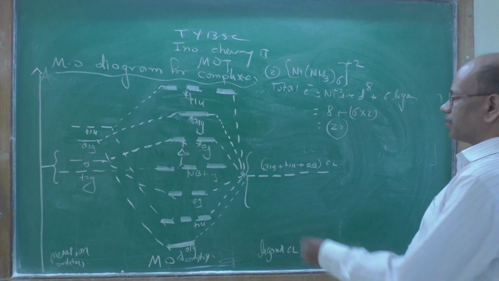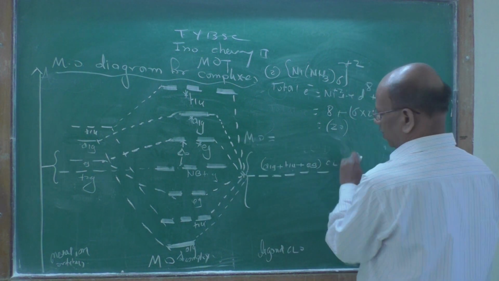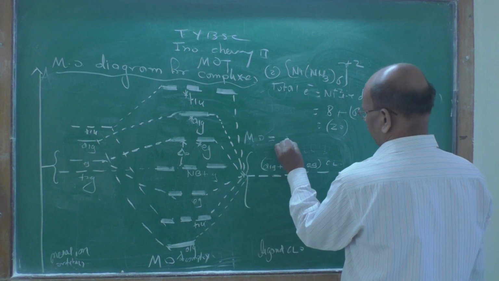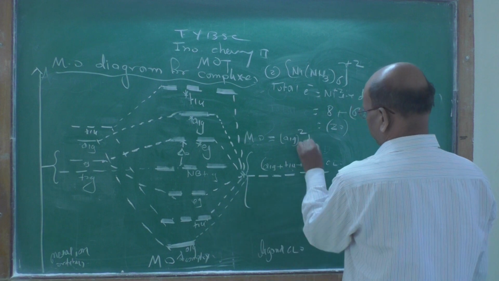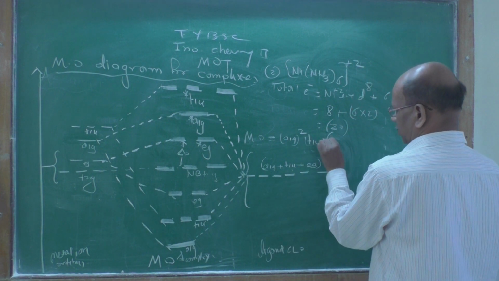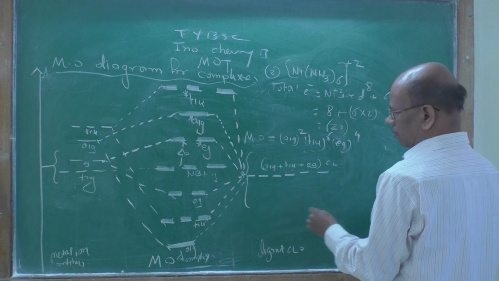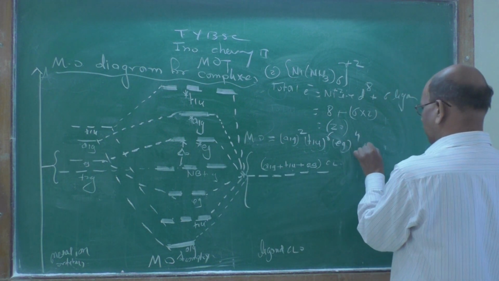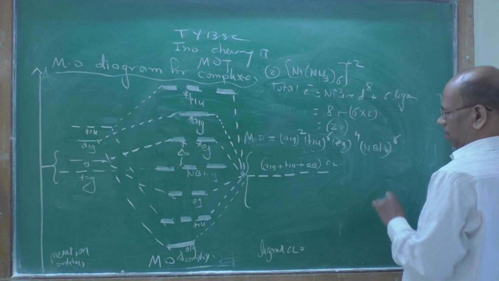Then we can write down the MO configuration as usual. a1g contains 2 electrons, t1u contains 6 electrons, eg contains 4 electrons, non-bonding t2g contains 6 electrons.